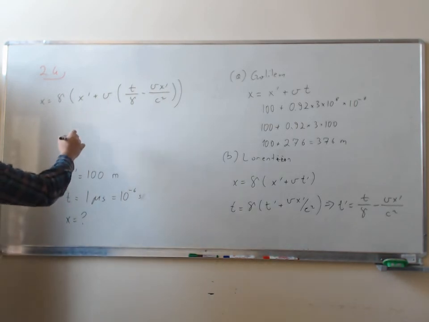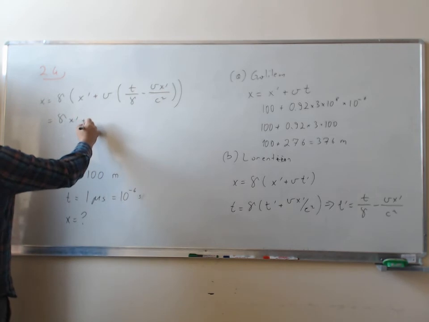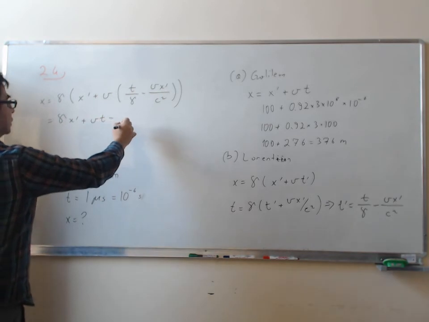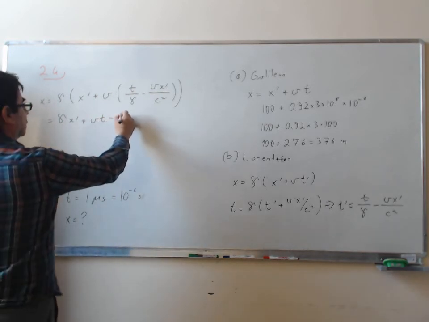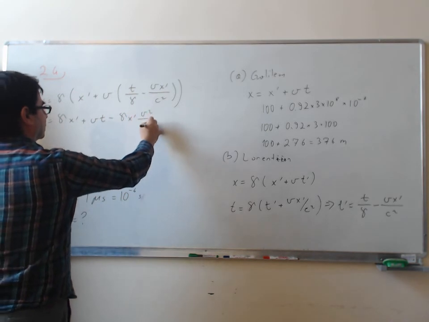So let's go through this. This is going to be gamma x prime plus vt minus gamma x prime v square by c square.